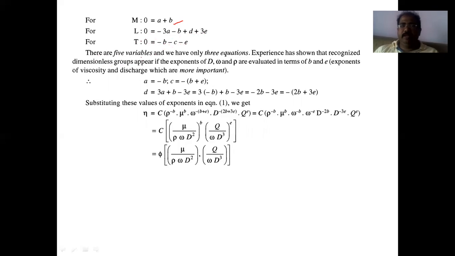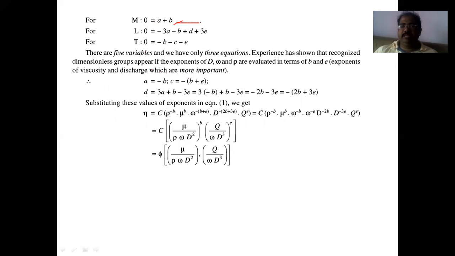So here there are 5 variables and we have only 3 equations. Experience shows that the exponents of D, omega, and rho are evaluated in terms of b and e, the exponents of viscosity and discharge, which are more important.